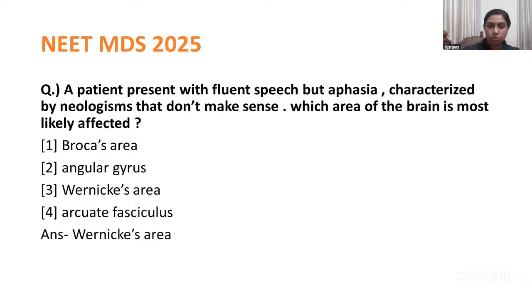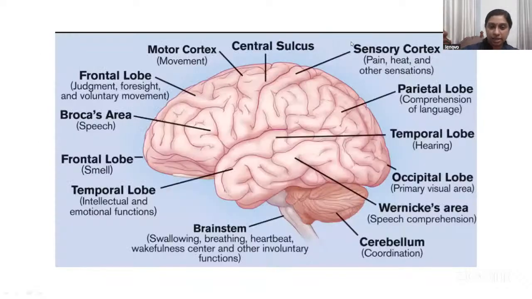Okay. So you have to learn this diagram by heart. Okay. What are the functions of different areas of the brain? Okay. So sensory cortex is usually associated with pain, heat, and other sensation, and parietal lobe, that's responsible for the comprehension of language. Temporal lobe, as we all know, from the position itself, we can assume it's related to hearing. Occipital lobe, that's a primary visual area, and frontal lobe, we have the smell sensations.